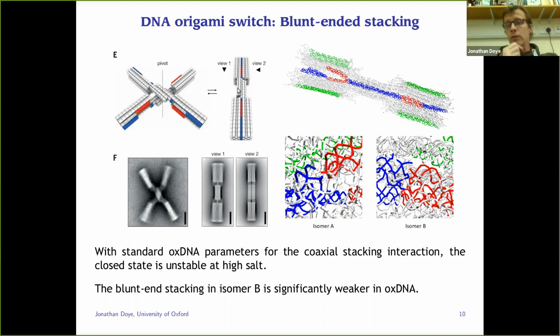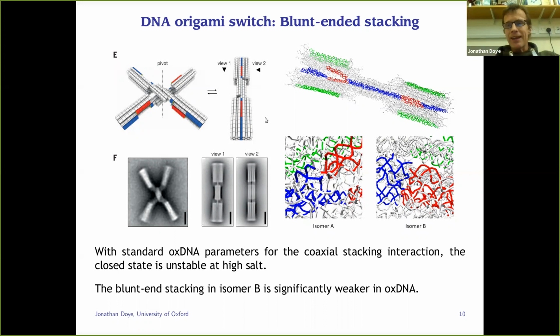And what one needs to do to get it to stay in the closed form is increase the coaxial stacking interaction strength a little bit. That indicates that to capture this blunt-ended stacking, the interaction is probably a bit too weak. But that can be changed just in the input file, so that's something that can easily be changed by hand.